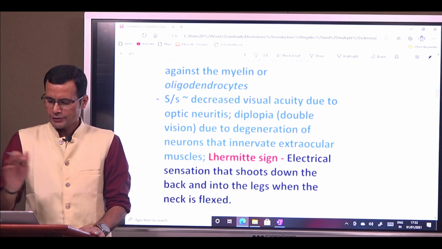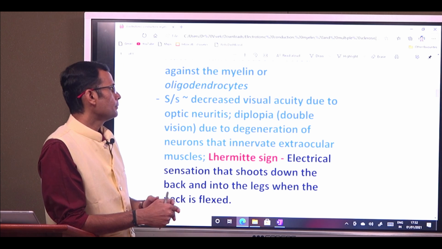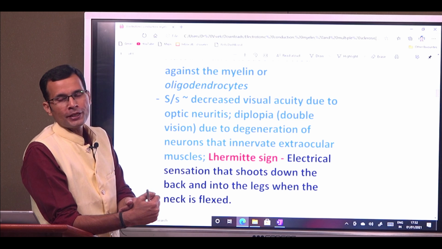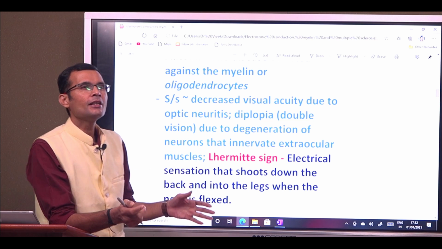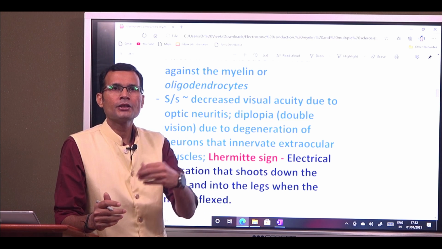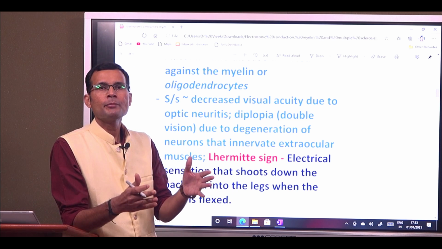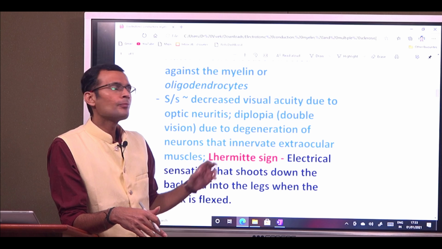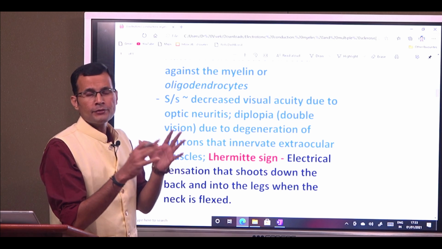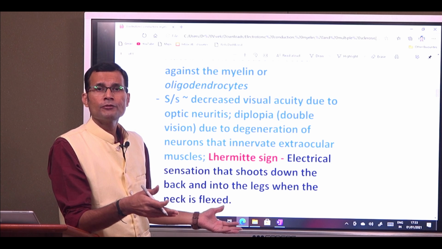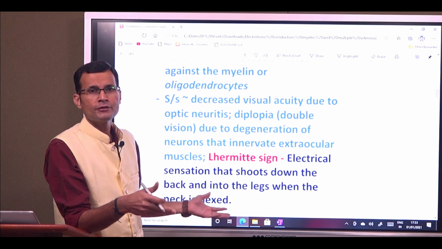What are the signs and symptoms of this disease? Decreased visual acuity due to optic neuritis. So we will see there is a conduction block and inflammation of the white matter in the spinal cord. There will be manifestations in the cranial nerves, or in the case of spinal nerves, peripheral nerves as well.